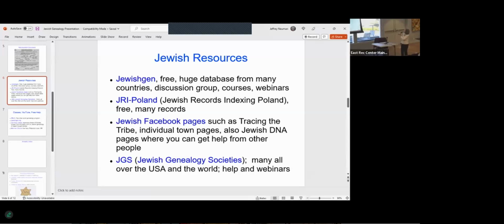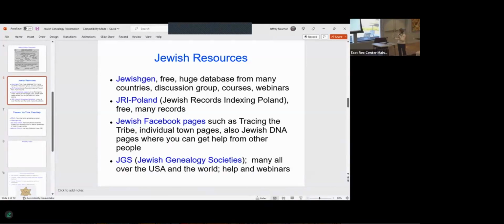They have a huge database from many, many countries. They have a discussion group where you can post something you want to know or need help with, and other people who are pretty good at this will help you. They have different courses you can take, which you pay a fee for. They have webinars that you can use to learn how to do things.